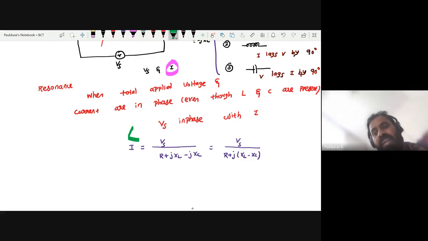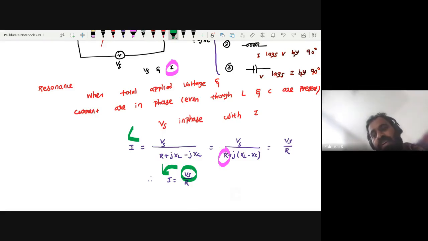It may have a real part alone. Suppose this is Vs by R, now my I equal to Vs by R. Same phase as Vs for the current. And you will get the maximum current under this condition.